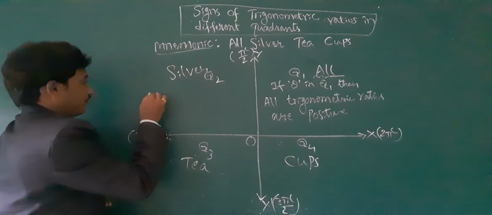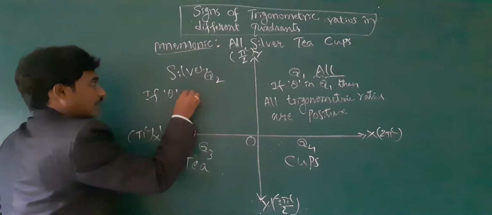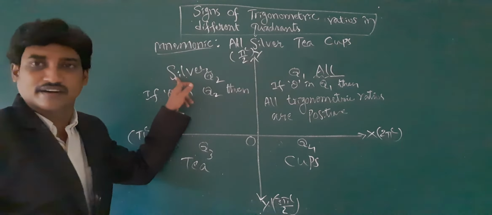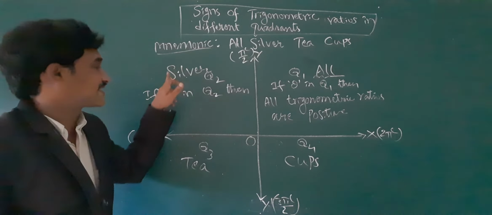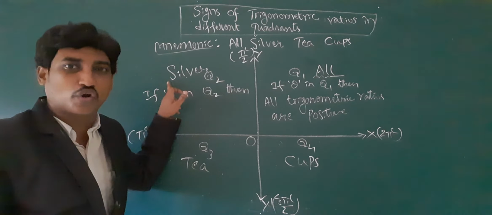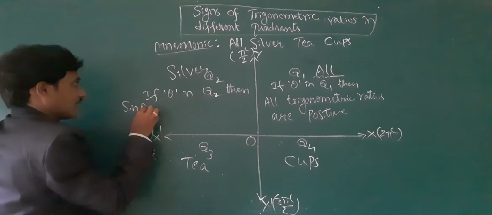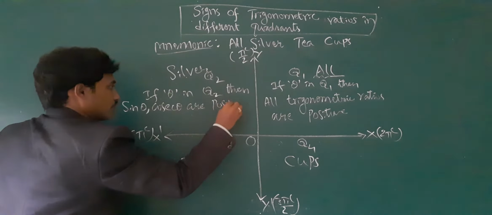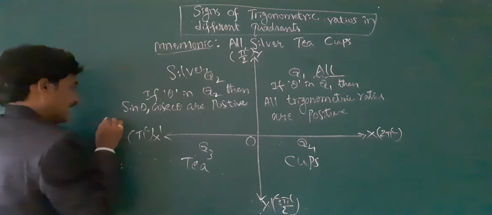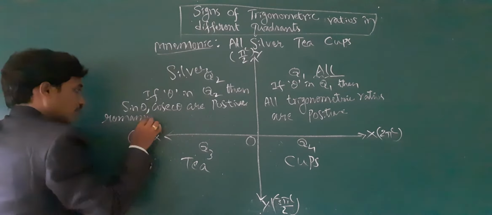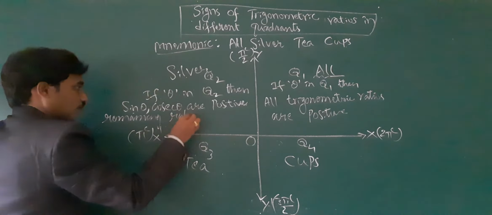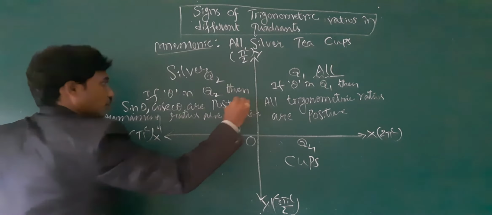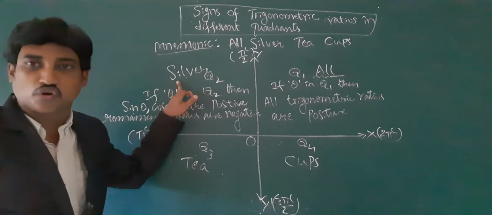If theta is in Q2, second quadrant, then silver, first letter S, sine and its reciprocal cosecant, sine theta and cosecant theta are positive, remaining ratios are negative.